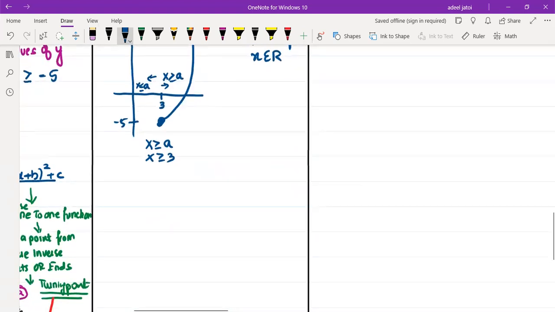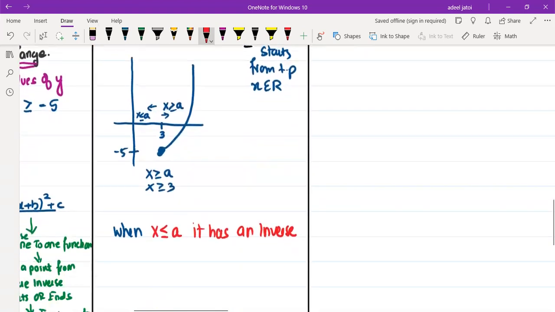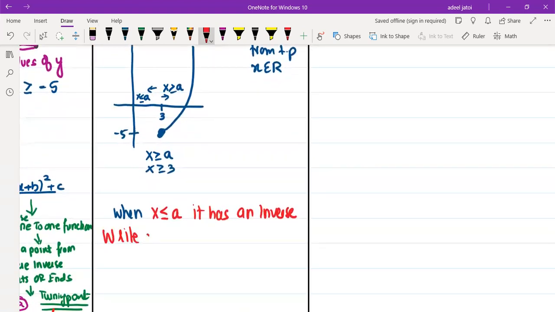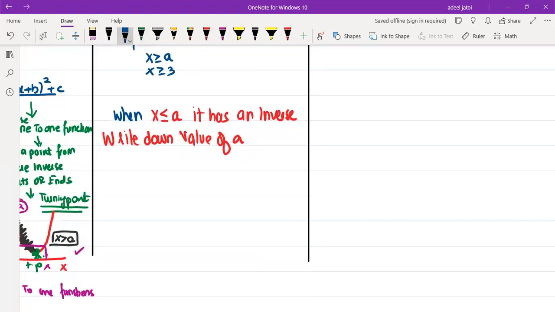Even if the question would have been, when x is less than or equal to a, it has an inverse, and it would have said, write down the value of a. So this particularly means the examiner actually wants us to write down the inverse. This is 3, knowing this is minus 5. This is your turning point.